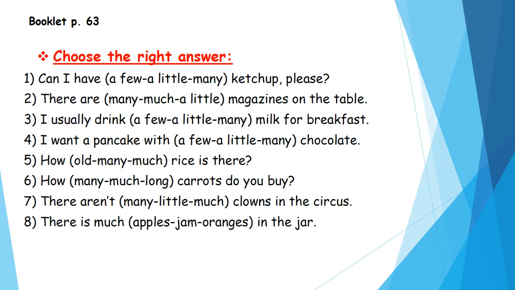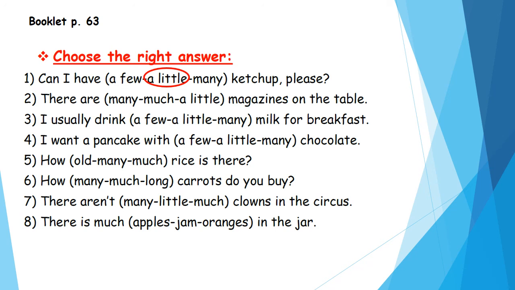Okay, your booklet, page 63. Choose the right answer. Number 1. Can I have a few, a little, many ketchup, please? Okay, here the noun ketchup is uncountable, so we'll choose what? Yes, a little. Number 2. There are many, much, a little magazines on the table.